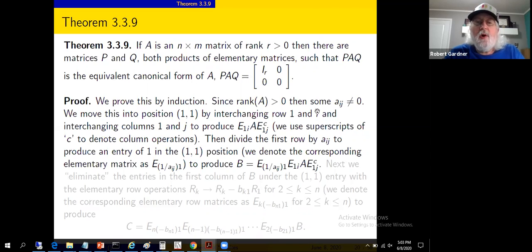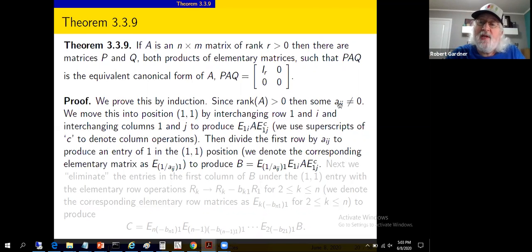All right, so what we're going to do is take this ij entry and interchange row 1 and row I. We're trying to move that ij entry into the 1,1 position, up here in the upper left-hand corner. So we're swapping rows.